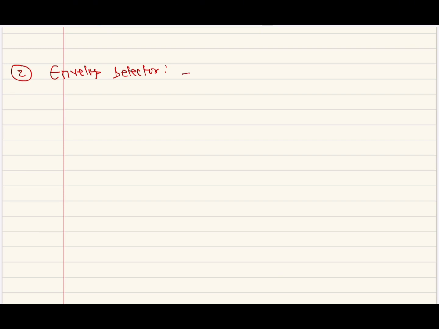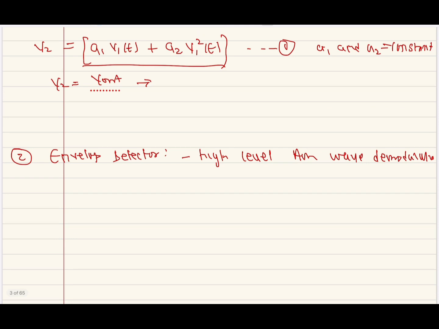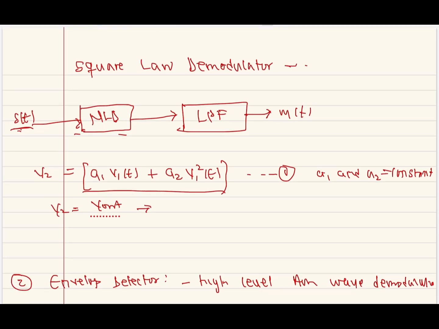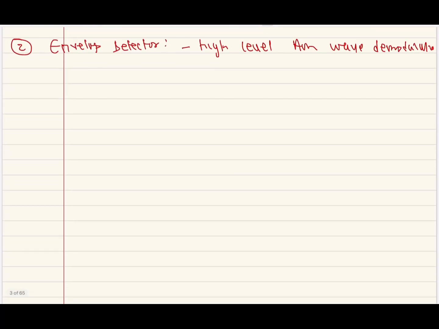As I said, a high level AM wave demodulator, and then the other one is a low level AM wave demodulator. So let's look at how that one also works.